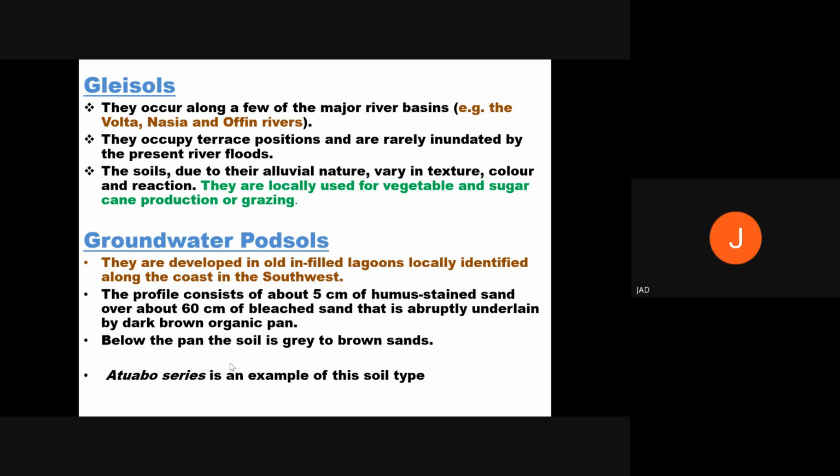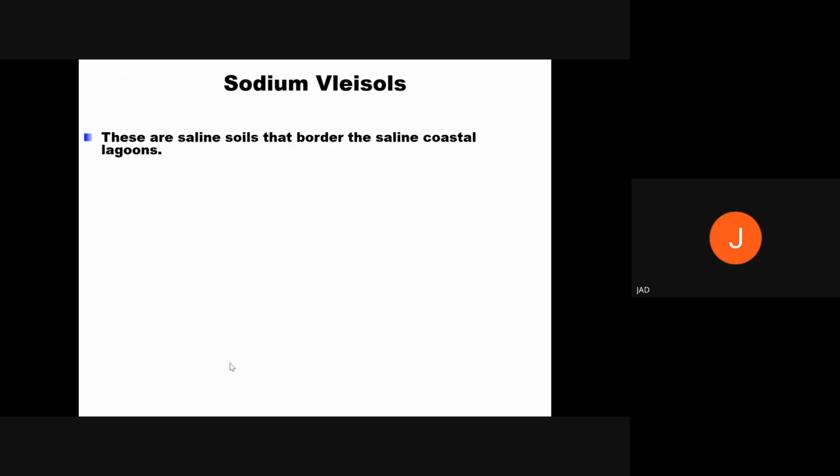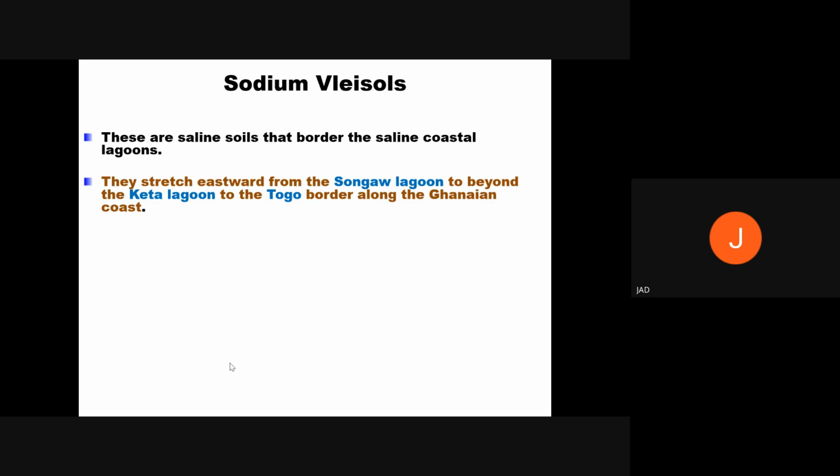So then we have sodium vlei soils. These are saline soils that border the saline coastal lagoons. They stretch eastward from Songo Lagoon to beyond Keta Lagoon to the Togo border along the Ghanaian coast. Here, around the Keta area, they are able to use the sodium vlei soils.